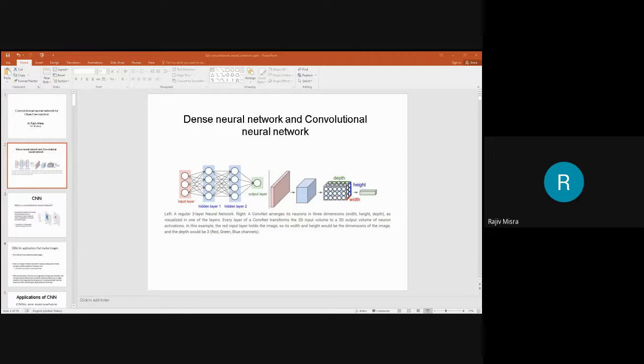So let us understand what we mean by image classification. Image classification is the task of taking an input image and outputting a class, or a probability of the classes, that best describes that image. For humans, image classification is one of the first skills that we learn, and everyone is well acquainted with it. However, for computers, this becomes quite tedious.